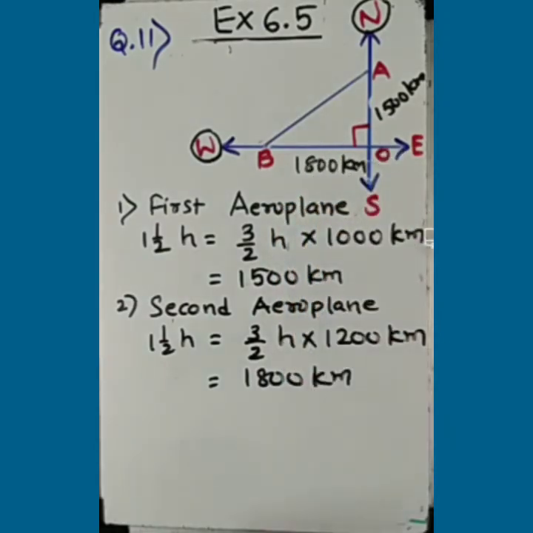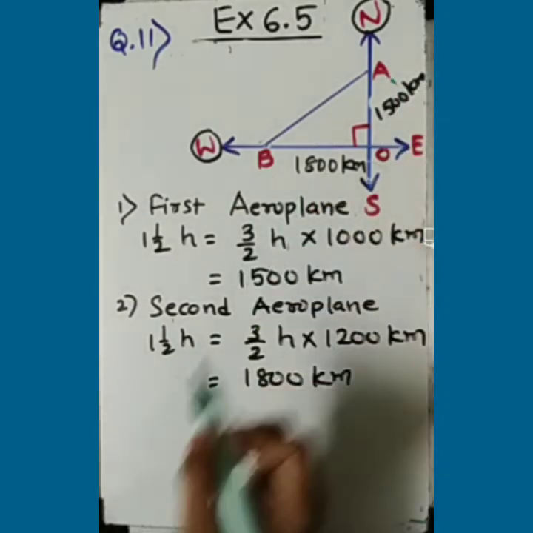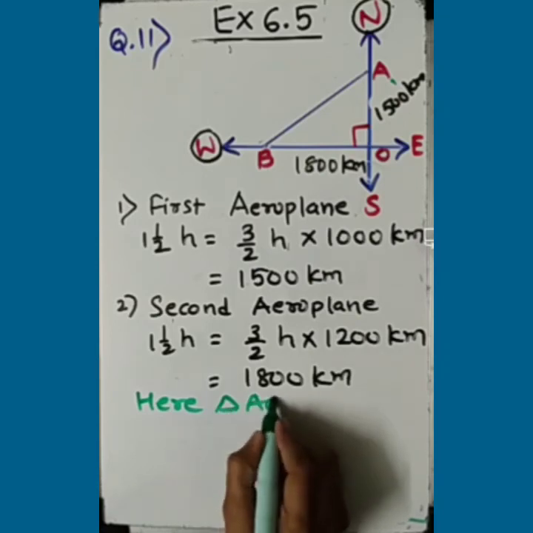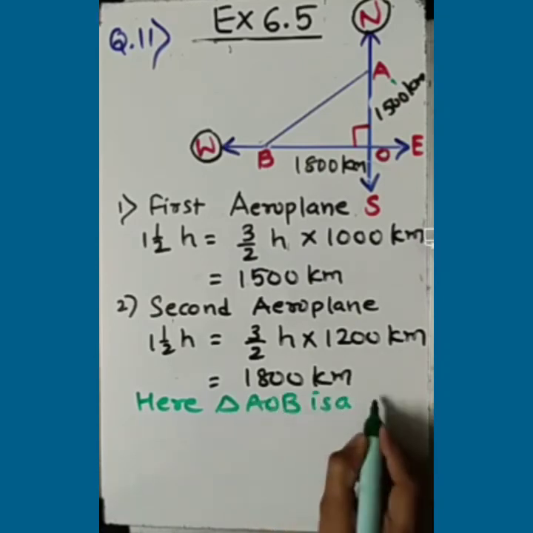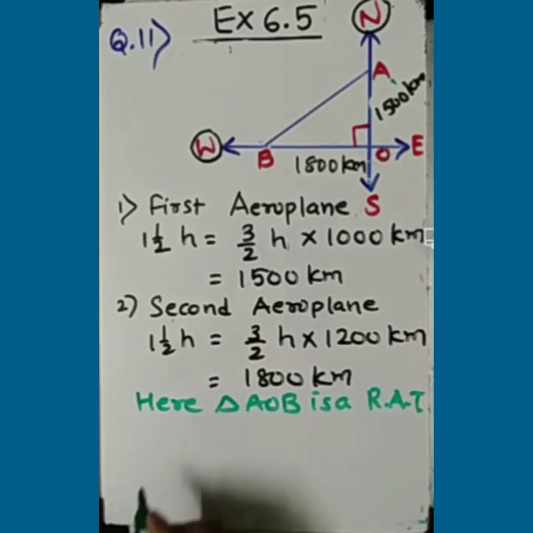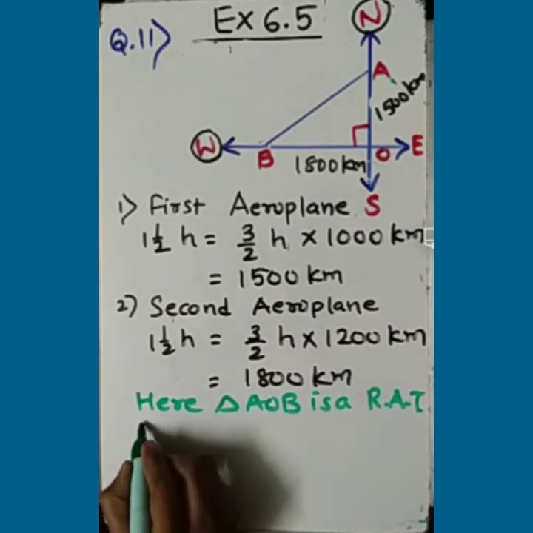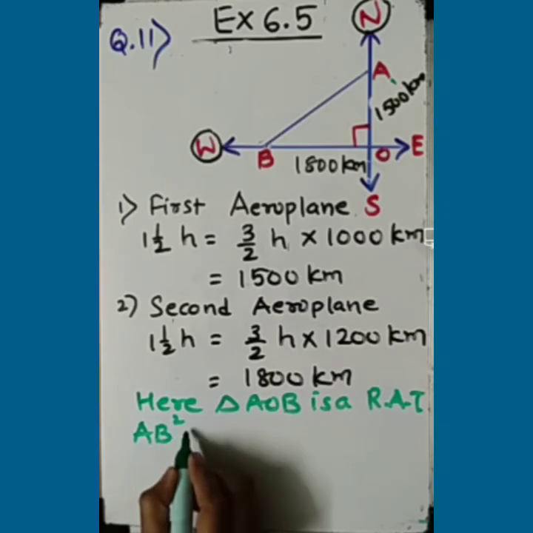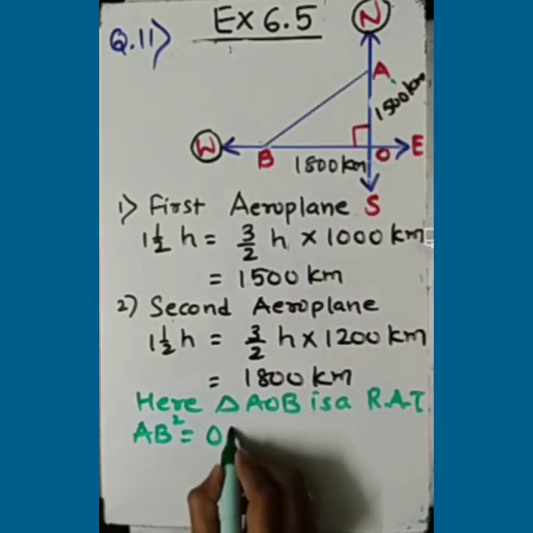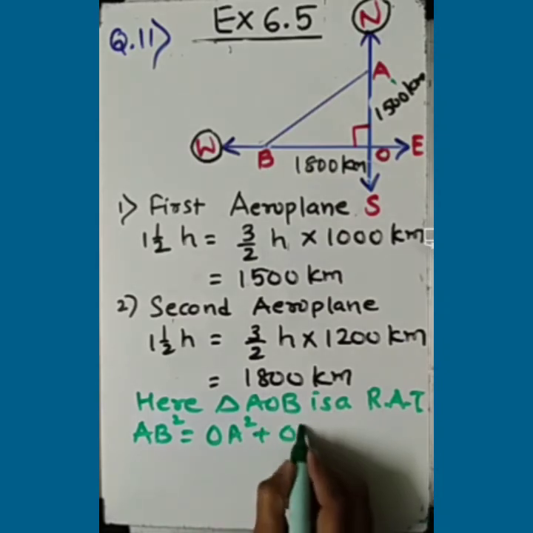Now if I am considering triangle AOB, triangle AOB is a right angle triangle. So using Pythagoras theorem, I will have AB square, the hypotenuse square, equal to OA square plus OB square.